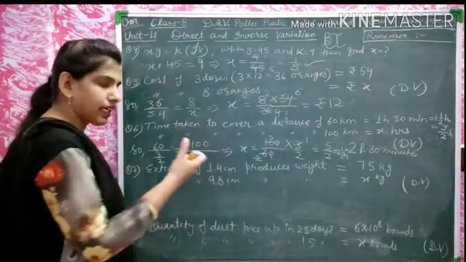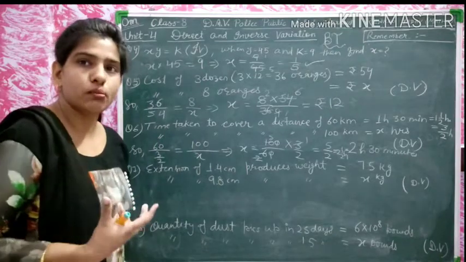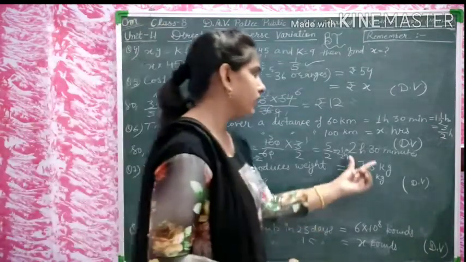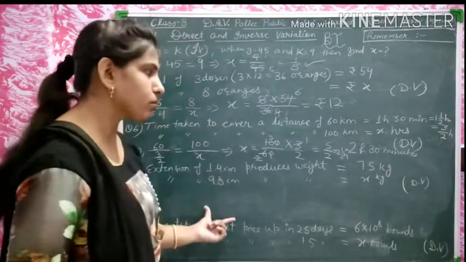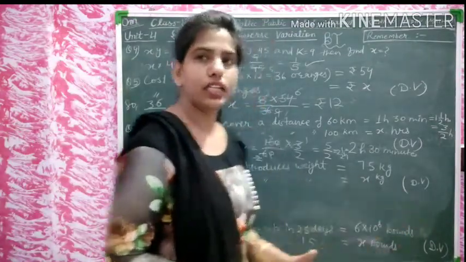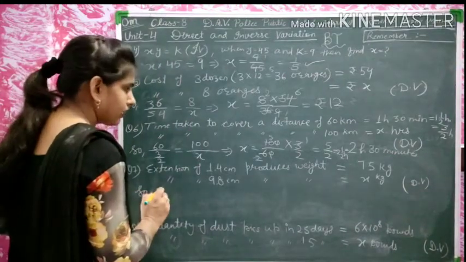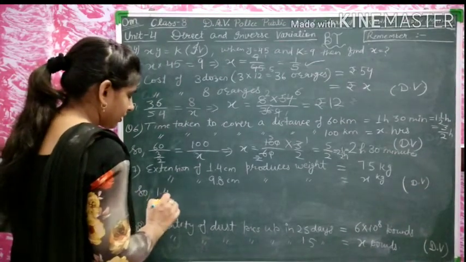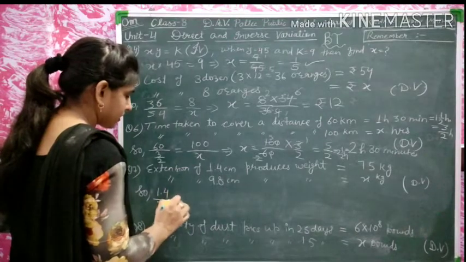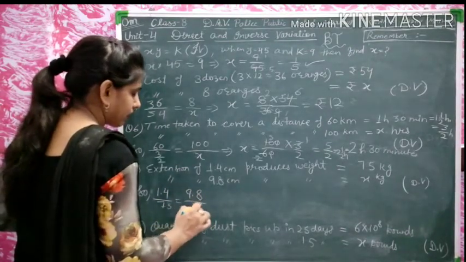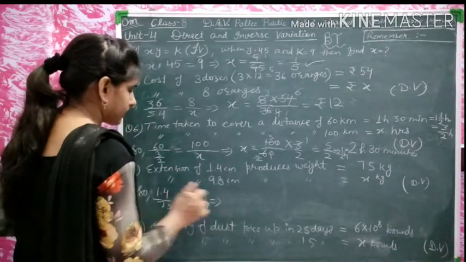And if extension is more, it means some more weight would be there. So it is more quantity, and there is also more quantity. It means there is a direct variation. So in the direct variation, the ratio of two quantities is equal to the constant, that is 9.8 divided by x.